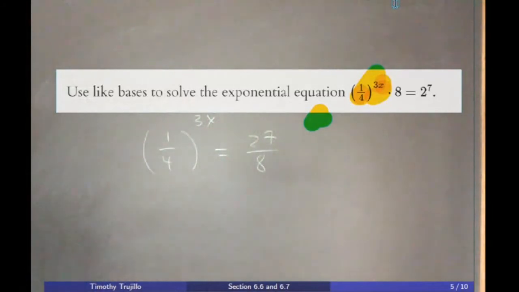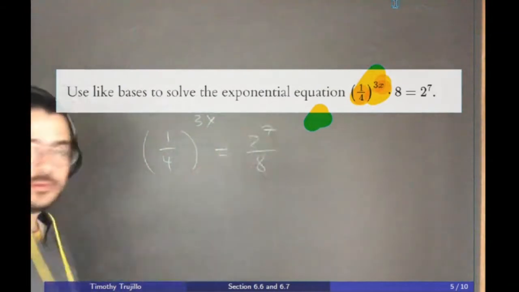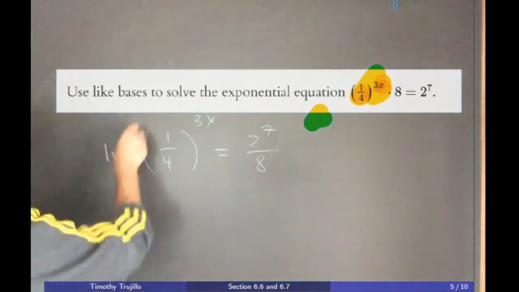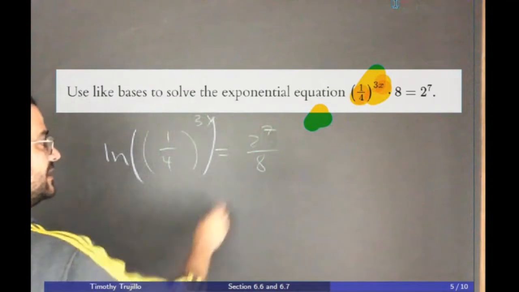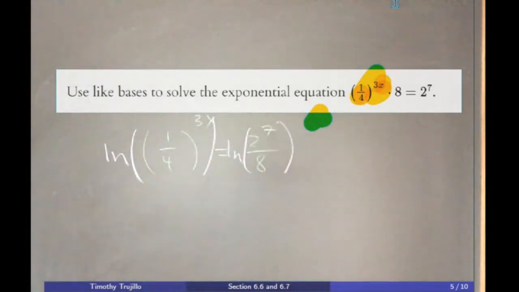Okay, so now you could try to write this in base 1/4 or base 2, but that would sort of be a pain. And that's not 27, that's 2 to the 7. Okay, 2 to the power of 7. But I'll just take the natural log of both sides, right? So here, I'm going to take the natural log of this side. And if I take the natural log of that side, for everything to be equal, I have to take the natural log of that.